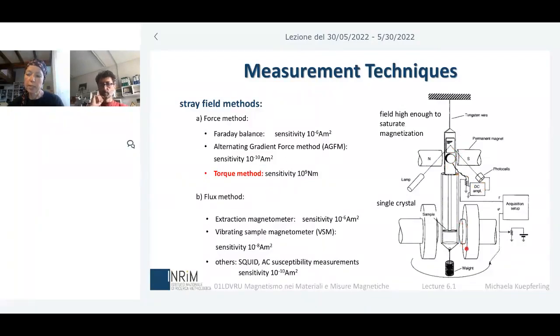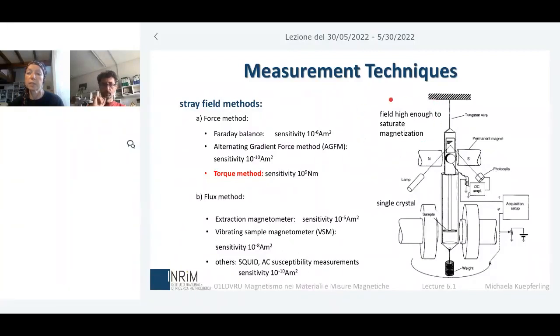One of the problematics of this technique is that you need to have a single crystal. In a polycrystalline material, this method would not work. And then, of course, you always need very high fields to saturate your sample. So this is a general problem, of course, for the measurements of hard magnetic material.